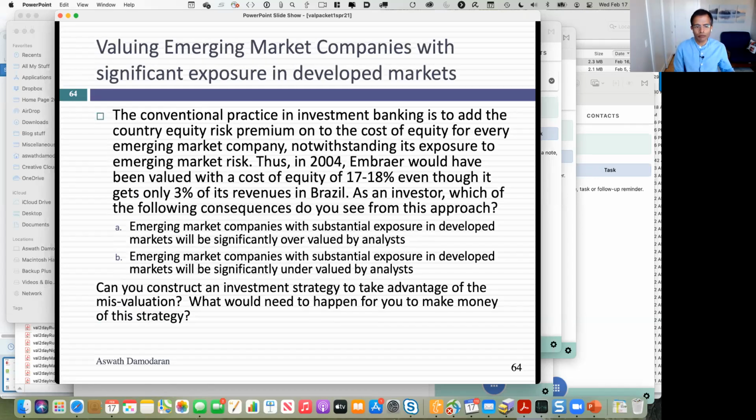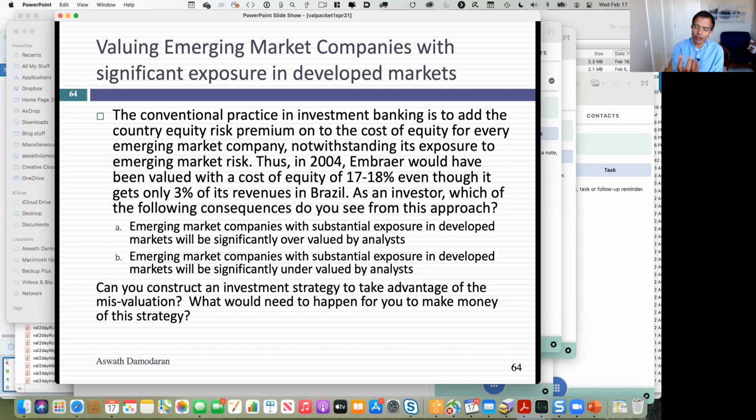Let's assume that everybody else does what the standard approach is, which is to punish every Brazilian company by giving it the entire equity risk premium, every Indian company by giving it the Indian equity risk premium. And you believe that this is wrong. I mean, of course, you can't prove it, but you say, I think that's wrong. I think TCS and Embraer are less exposed to country risks than Tata Motors and Embraer.